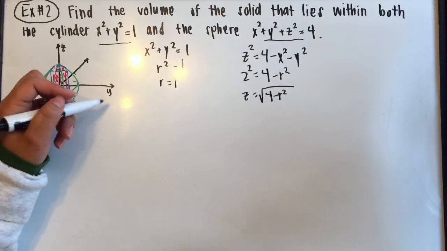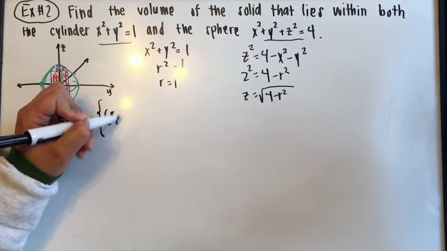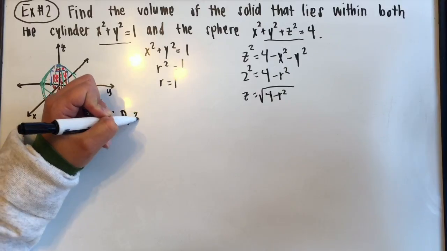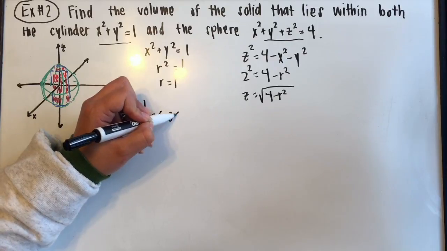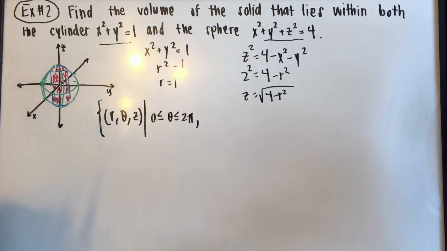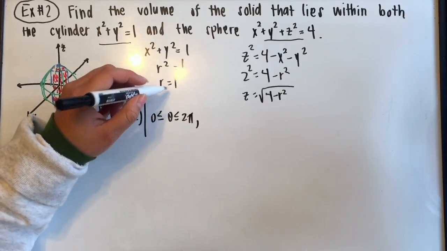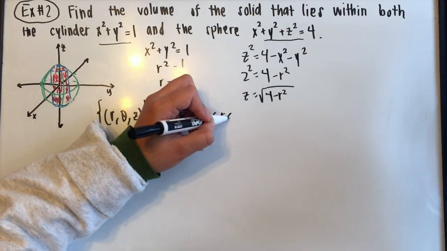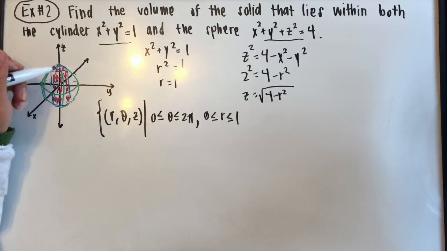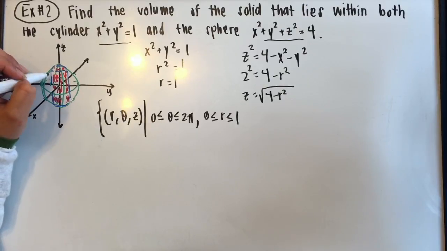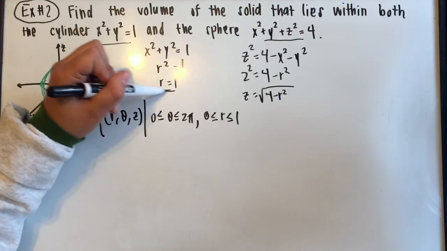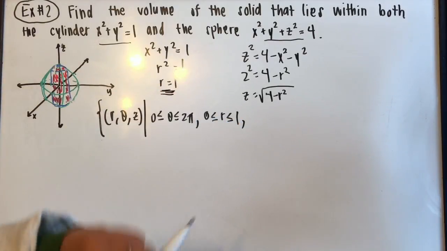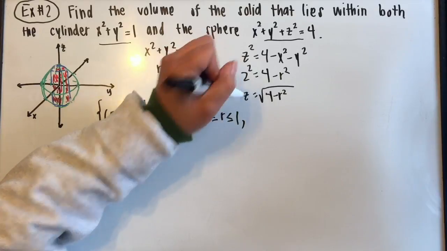And we know that our radius is going to be from 0 to 1. Why? Because we want it within the cylinder. It's not within the sphere, it's within the cylinder. So our radius is 1 because the radius of the cylinder is 1, and that's where we solved it right here. And now our z.